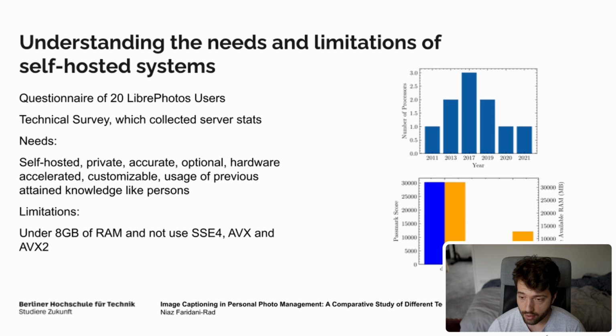A very important thing is usage of previously attained knowledge, like persons or locations. People want very descriptive captions with things they already know. So not a description like a man standing in front of a tree, but something like Nias is standing in front of a tree. And the limitations are that we have less than 8 GB of RAM.